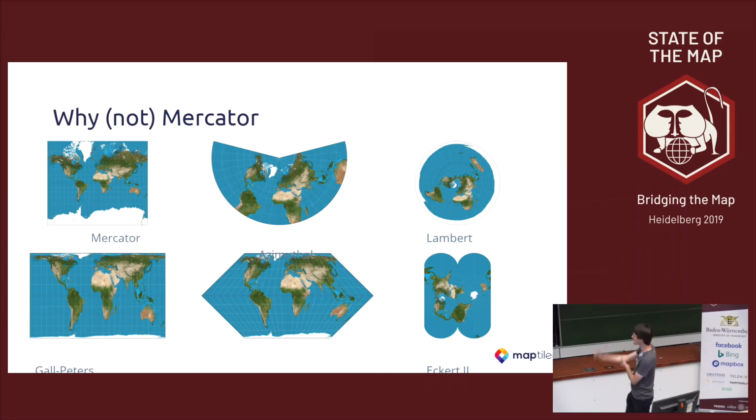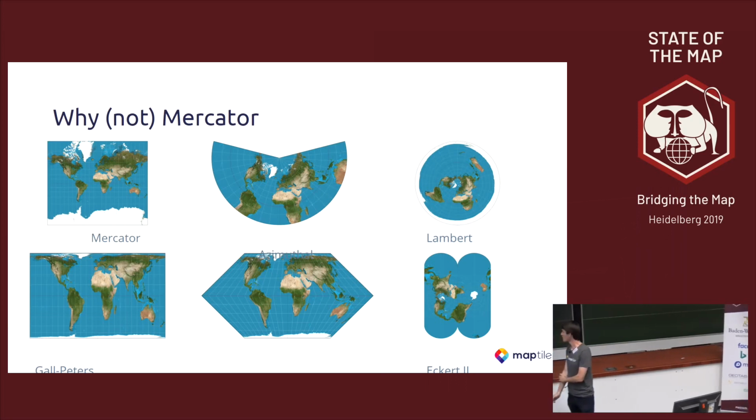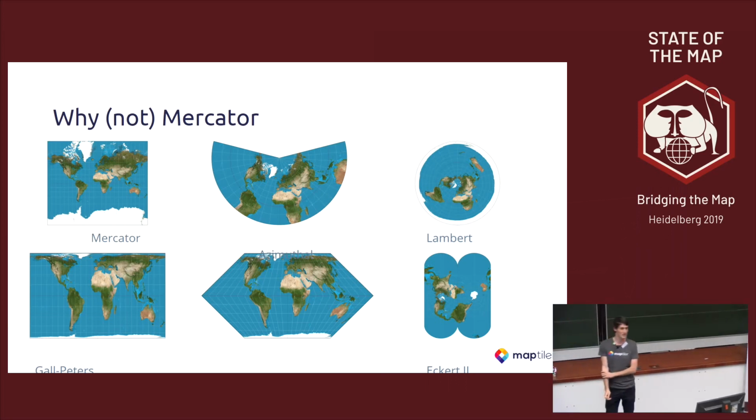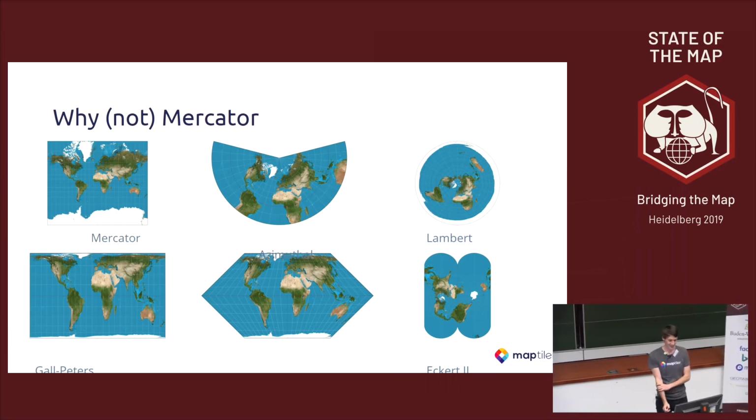Let's start with the most common one, which is Mercator. You can see it if you have ever been to OpenStreetMap.org. It's great, for instance, for navigation because it keeps the squares as they are.